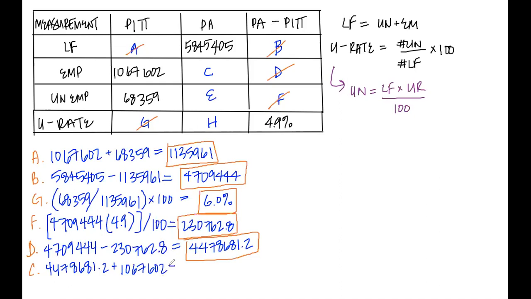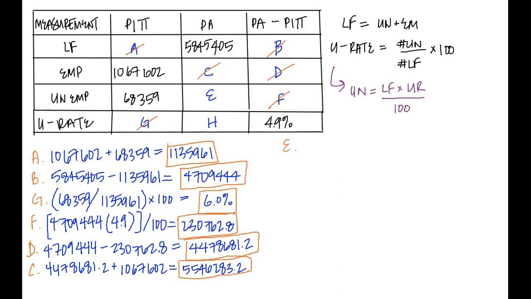So that gives us an employment for Pennsylvania of 5,546,283.2. That was C.